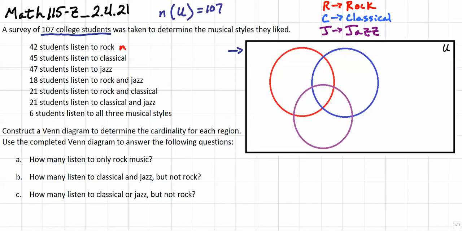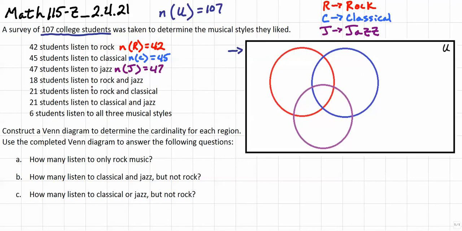The cardinality for this one, n of R, will be equal to 42. Cardinality for the next one, classical, n of C, will be equal to 45. And then finally, the cardinality for jazz will be equal to 47.